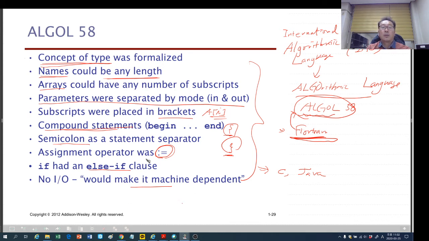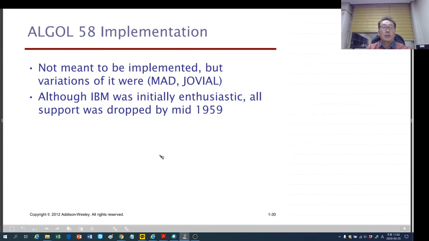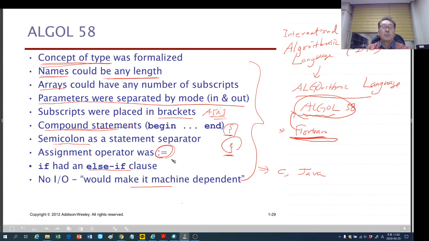그리고 그때까지만 해도 어사이먼트가, so actually at that time there were two ways of assignment. In Europe, they preferred expression and then the variable.